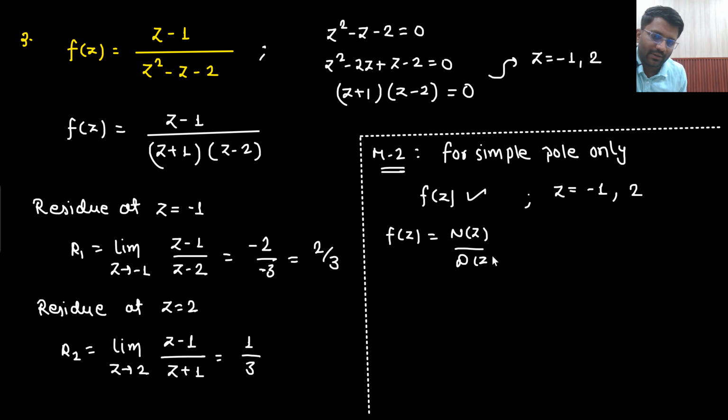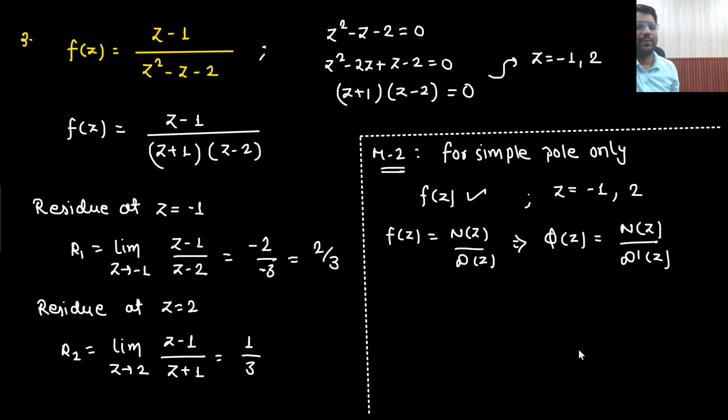You keep the numerator as it is and find a new function phi of z: numerator as it is, and differentiate the denominator. After differentiating the denominator, you put your singular point. If you need the residue at z equals minus 1, you put z equals minus 1. If you need the residue at z equals 2, you put z equals 2. Here you put the singular points.